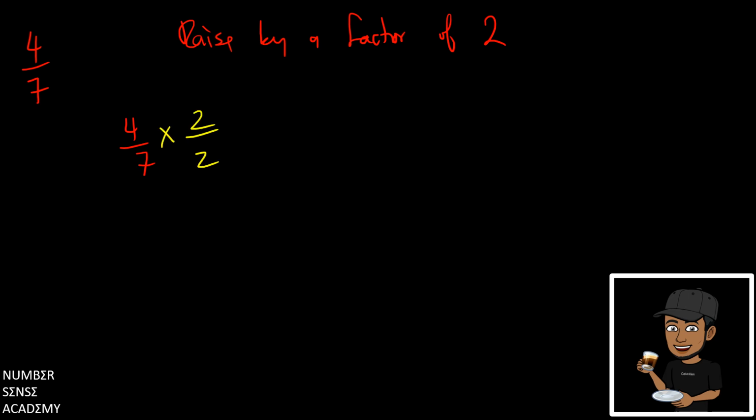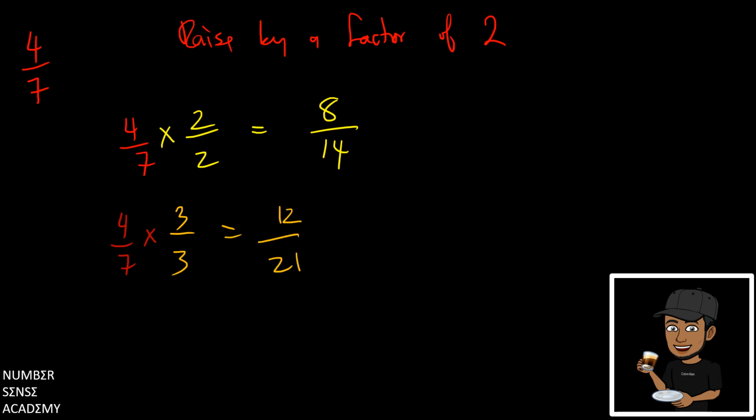So both the top and the bottom have to take the same factor. So this becomes 4 times 2 is 8, 8 over 14. Okay, what if we were to take that same 4 over 7 and raise it by a factor of 3? So now we end up with 12 over 21.